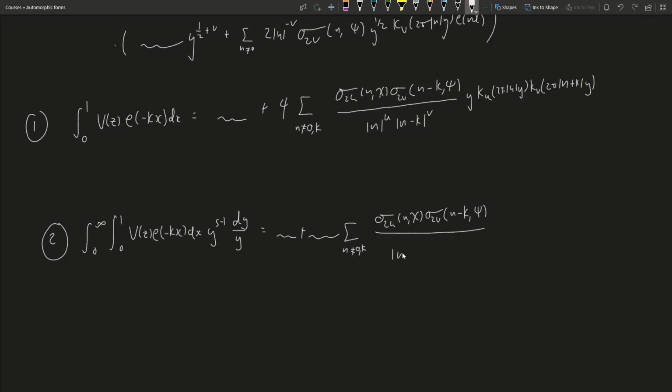You're just going to get an n to the s plus u plus v, and the thing that's making this go away is this hypergeometric function, 2F1 of something, evaluated at, let me check very quickly where you are evaluating it, 2k over n minus k squared over n squared.